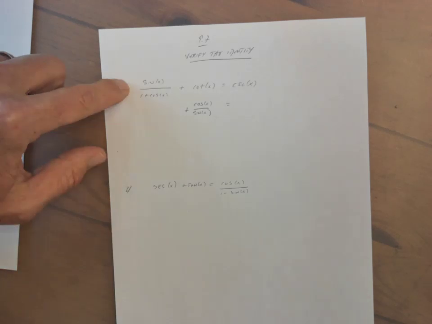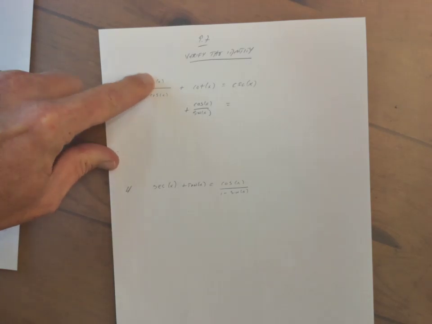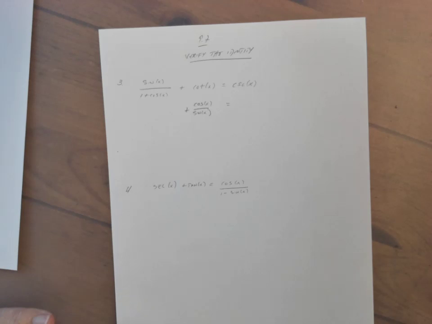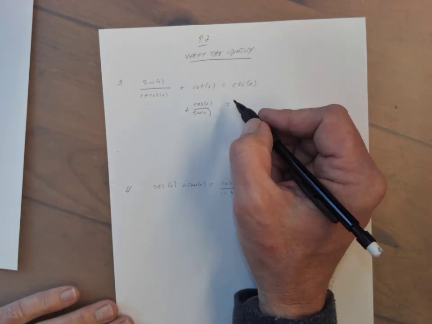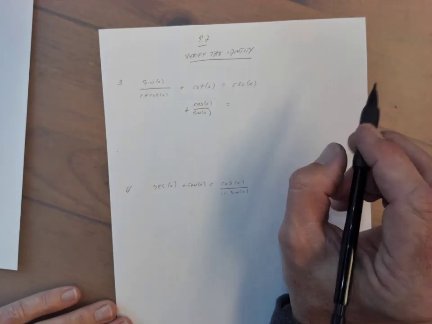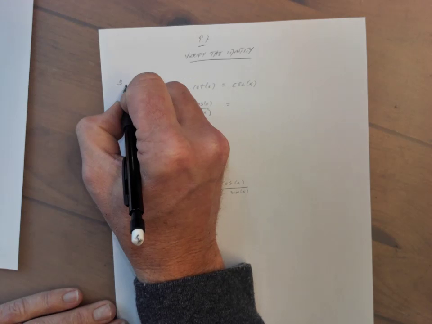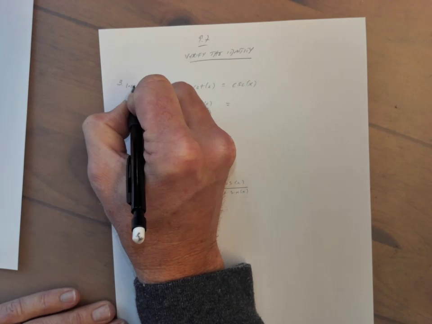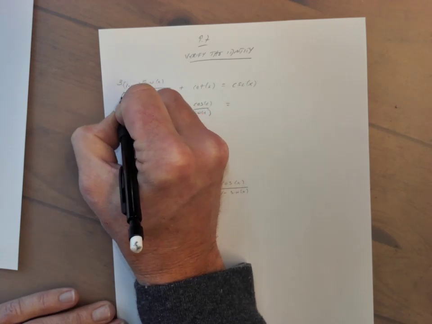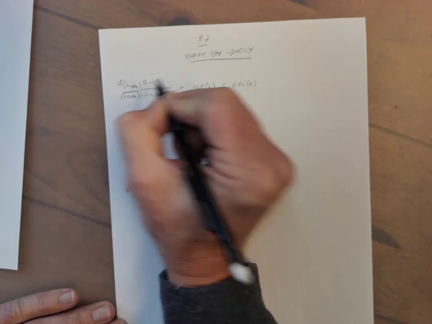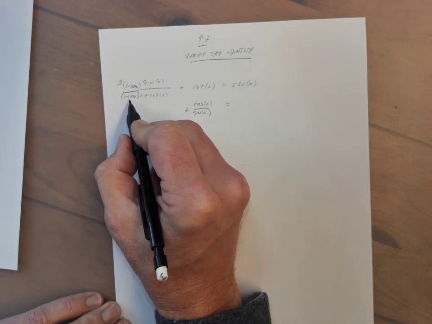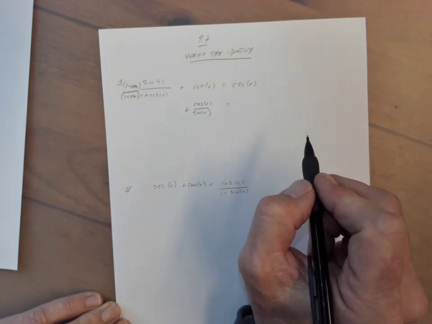And so I look over here and I'm trying to figure out what I'm going to do to simplify that. Well, I have a sine x here, and I see that I have a 1 plus cosine. So what resonates with me is if I multiply this by 1 minus cosine over 1 minus cosine, I'm going to end up with, in the long run, sine squared x.